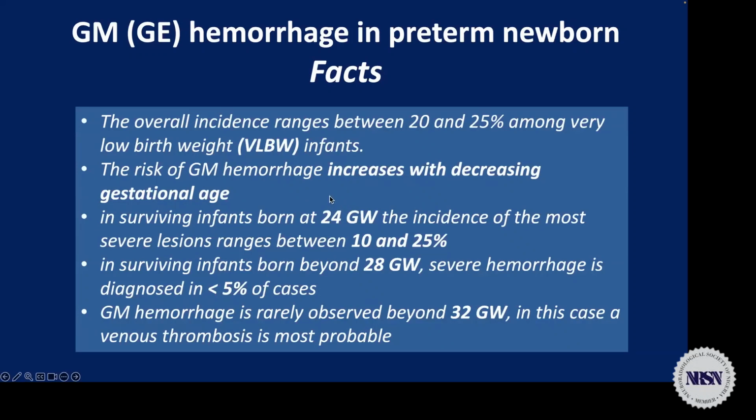There are a lot of problems because in surviving infants born at 24 gestational weeks, the incidence of the most severe lesion related to germinal matrix hemorrhage is between 10 and 25%, so it's very high. Germinal matrix hemorrhage, on the other hand, is rarely observed beyond 32 gestational weeks. So the period of maximum risk is just in very, very low birth weight infants.